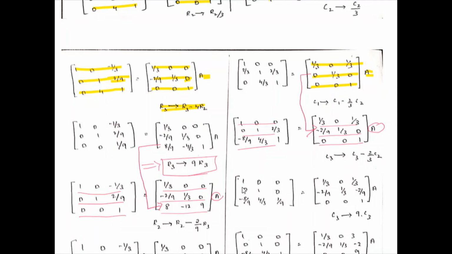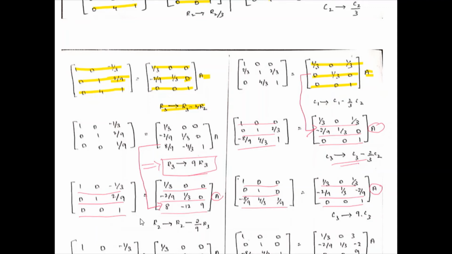When we apply this operation, the matrix will become [1, 0, 0; 0, 1, 0; -8/9, 4/3, 1/9] = [1/3, 0, 1/3; -2/9, 1/3, -2/9; 0, 0, 1] into A. Now you may check, when we apply this operation in RHS, it becomes 1 by 3 minus 2 by 3 into 0, it gives 1 by 3, and 0 minus 2 by 3 into 1 by 3, it becomes minus 2 by 9, and 1 minus 2 by 3 into 0, that is 1.